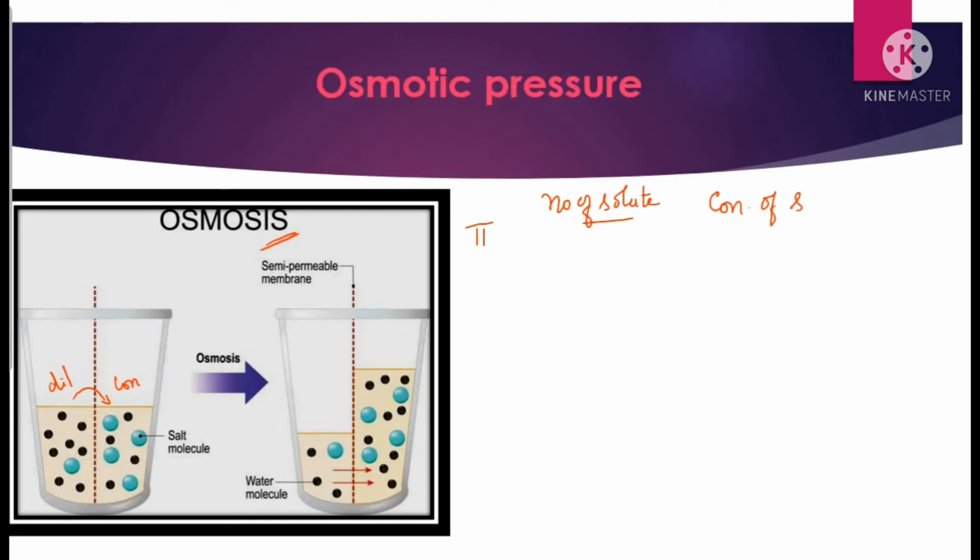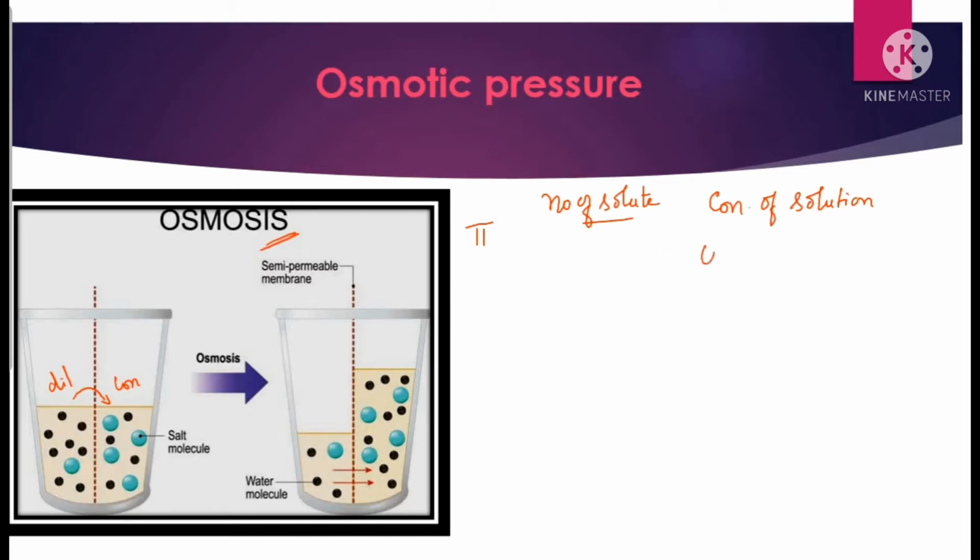Like all the colligative properties, such as elevation of boiling point, depression of freezing point, and relative lowering of vapor pressure, osmotic pressure is utilized to calculate the molecular mass of some substances.